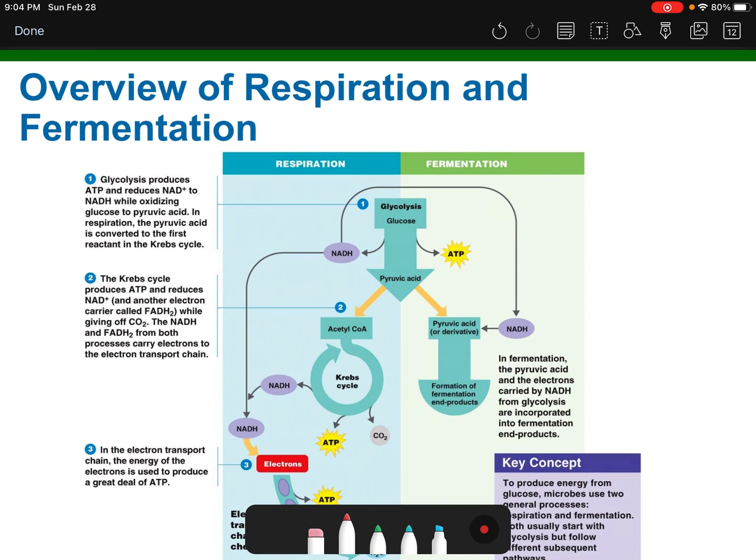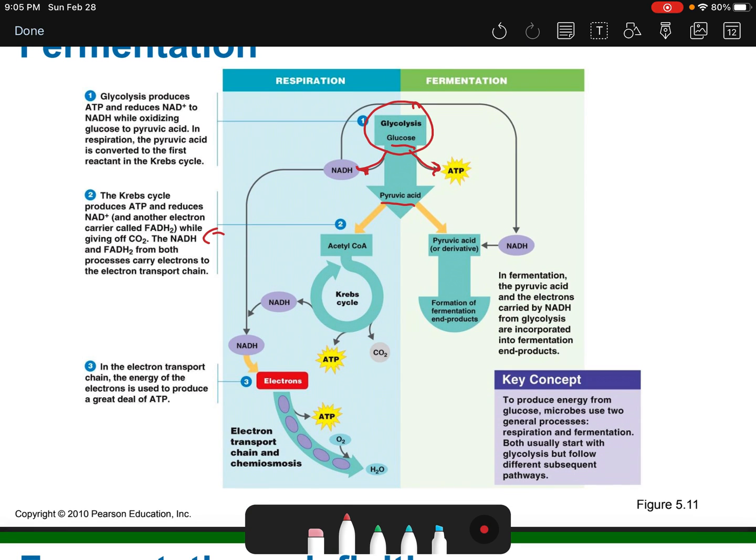If we look at respiration again, first of all, we always start with glycolysis, where we break down glucose, we release some NADH, and produce a little bit of ATP, breaking that glucose down into pyruvic acid. Now, if there's oxygen present, then we go into aerobic respiration, and that intermediary step where we have some CO2 released and NADH to produce that acetyl-CoA, that 2-carbon molecule that will enter the Krebs cycle to produce some more carbon dioxide, some more ATP, and some more electron carriers.